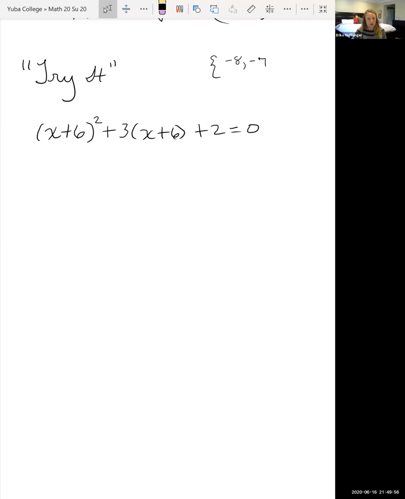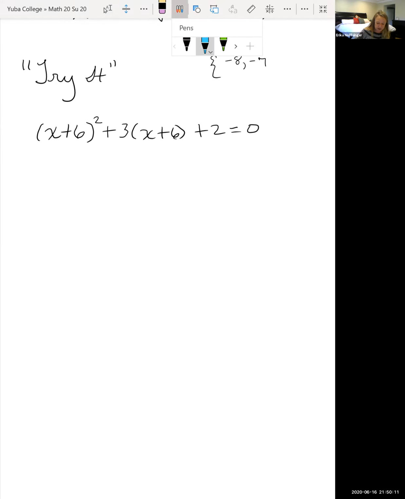Okay, so there are a couple ways to do this again. You can distribute out x plus 6 times x plus 6. You can distribute that 3. You can then combine like terms and try to factor it that way. It's actually a lot faster if you use that u substitution. So if you let u equal x plus 6, wherever we see this x plus 6, we're going to replace it with u.